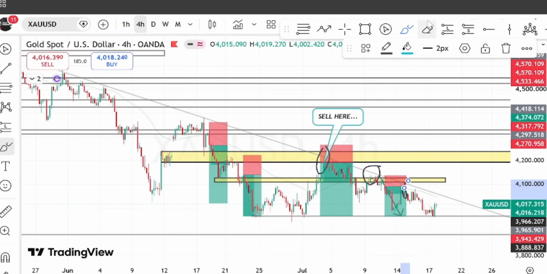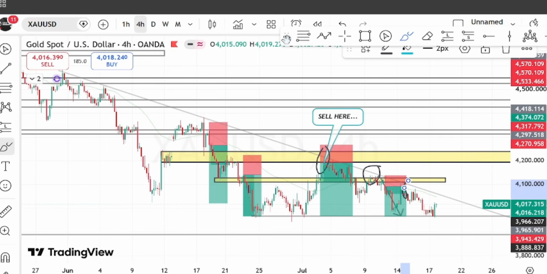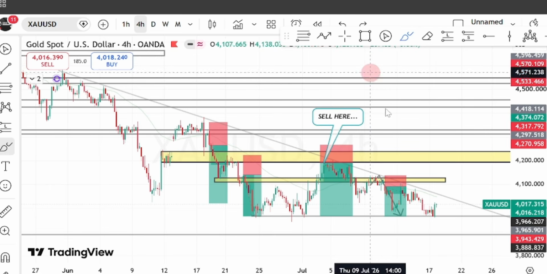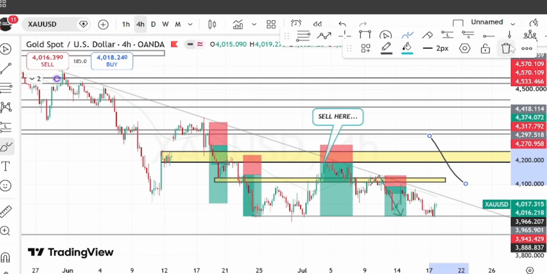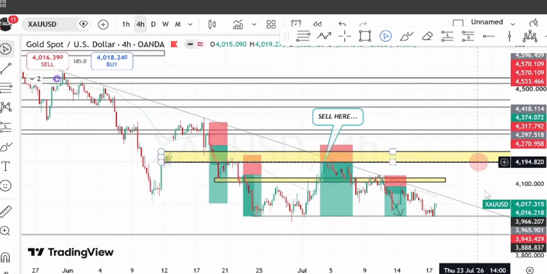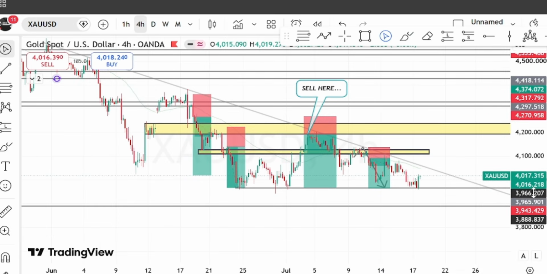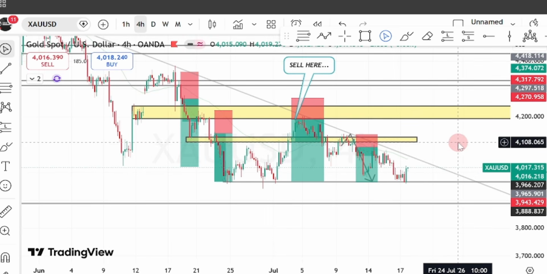So that is also the power of using the trend line in your trade. Trend lines work, but you have to be logical about it and know where and when to use it.